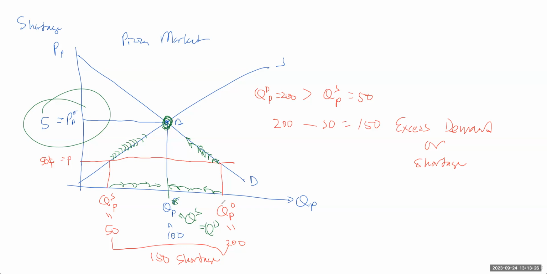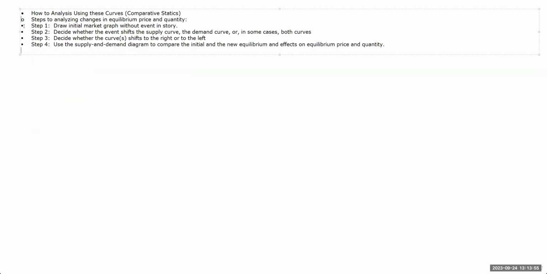That's how the law of supply and demand is created, where the prices adjust such that the shortages and surpluses disappear. They're generally temporary. All right, the next thing we're going to do is comparative statics. Comparative statics I'm usually going to do graphically, though we could do it mathematically.